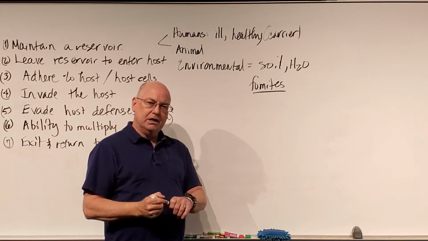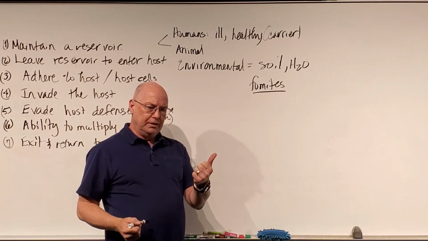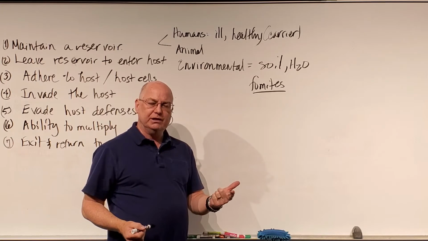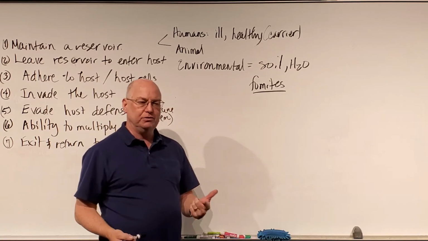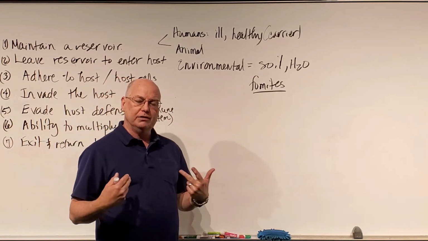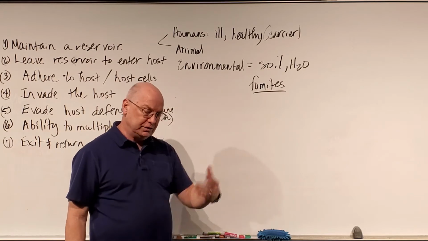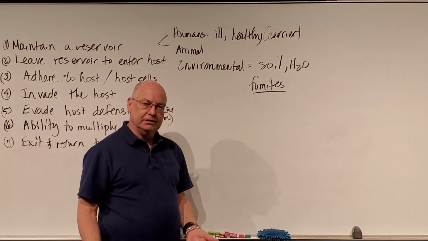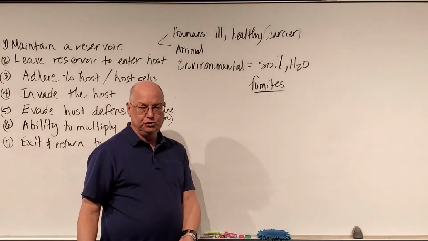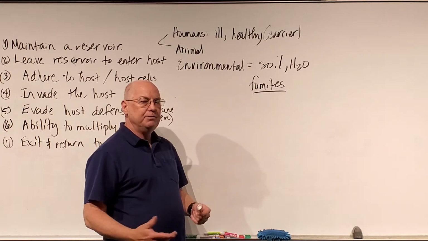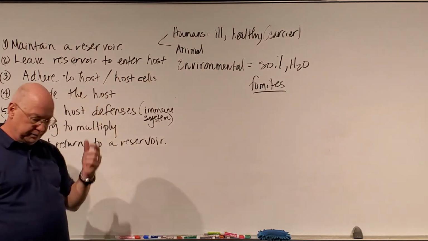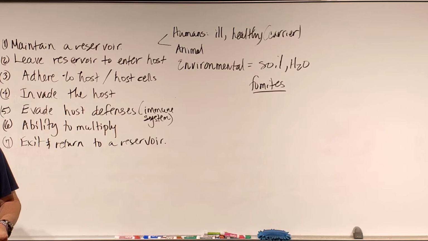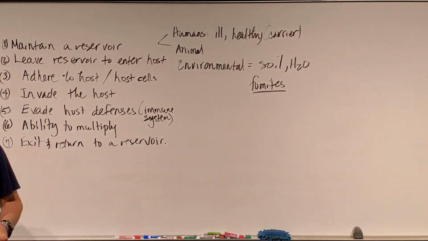For example, a cup or a dirty bed sheet that isn't changed in a hospital. Certain clothing can carry a disease to some people. You could get athlete's foot from somebody else's shoe. If you wear their shoes, that would be considered a fomite, an inanimate object that can transmit a disease. Okay.